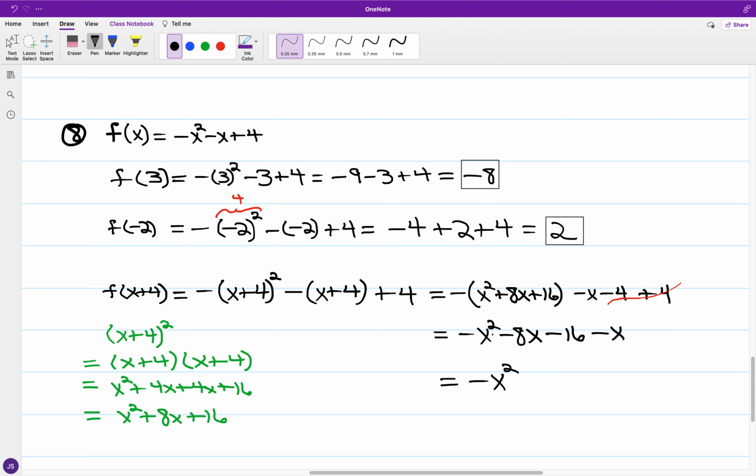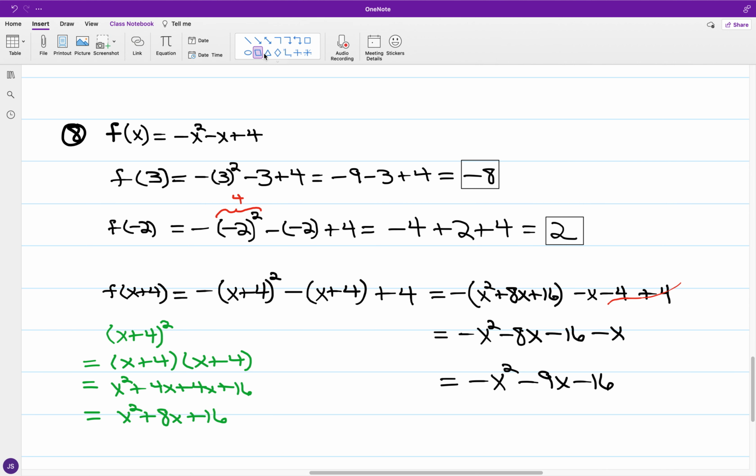So we got negative x squared, and negative 9x minus 16. So we have for the variable expression, binomial input x plus 4, leading up to the trinomial output with negative x squared minus 9x minus 16.